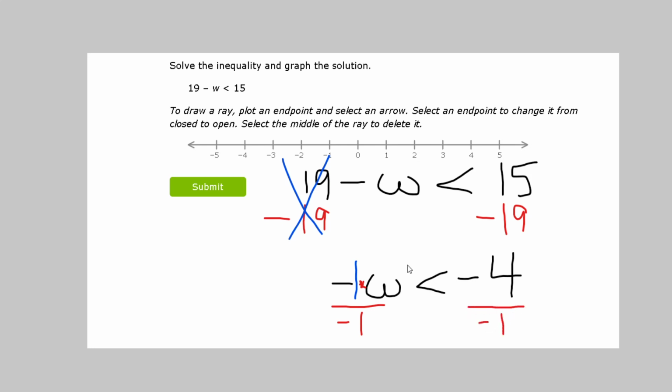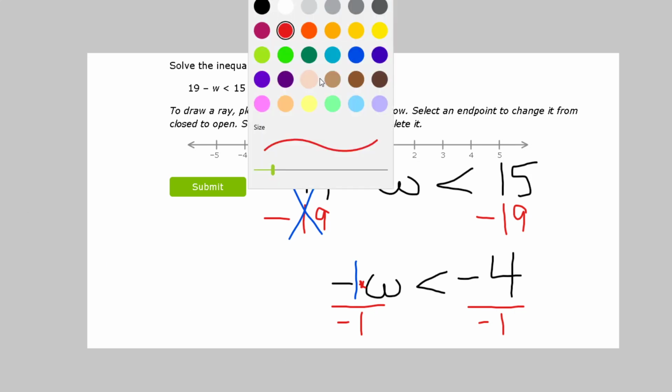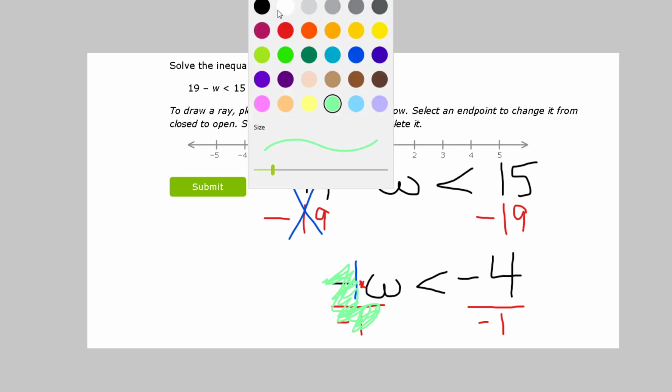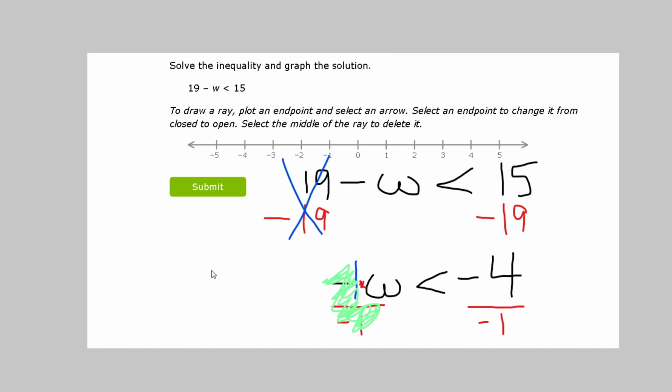All right, that's what you should have done in last week's IXL. So these negative 1s will cancel out. They're going to go away. But there's a golden rule here with inequalities that whenever you multiply or divide both sides by a negative number, you have to reverse the inequality.